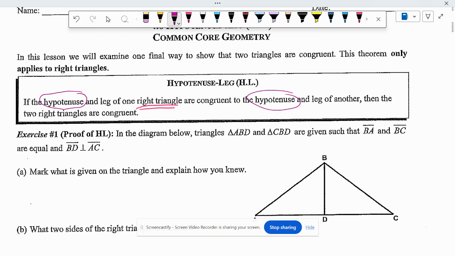Plural of hypotenuse is hypoteni. So you need to have two congruent hypotenuses or hypoteni, and the legs, doesn't matter whether you do the short leg or the long leg, but it's got to be stated that it's a right triangle. If it's not stated that it's a right triangle, you have to prove it's a right triangle first. You have to have a right triangle in order to use hypotenuse leg.